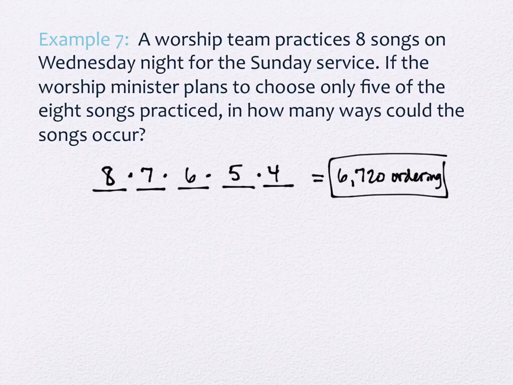So if we thought about it from that perspective, it would look like this. You'd have 8 and you would do a permutation choosing 5 of them. So you'd have 8 factorial on top. And how many are you not choosing? 3.